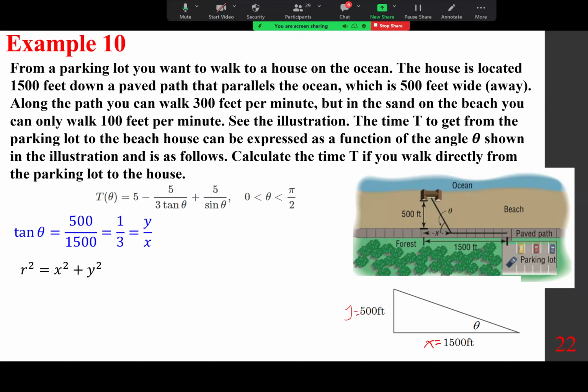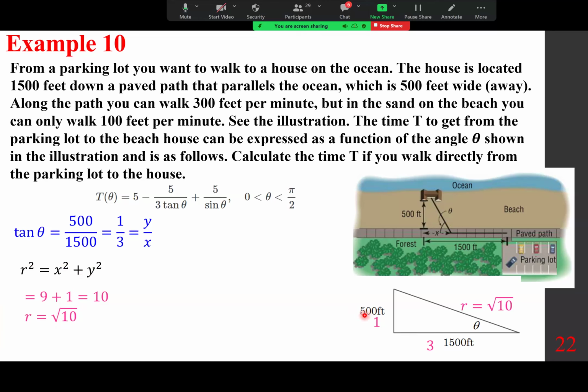So we add them up. You can add them up using 500 and 1500, or you can add them up using 1 and 3. The ratio is 1/3, makes no difference. So you can use 1 and 3, and you get 10 because we are interested in the ratio. Let me actually erase my box so you can see.